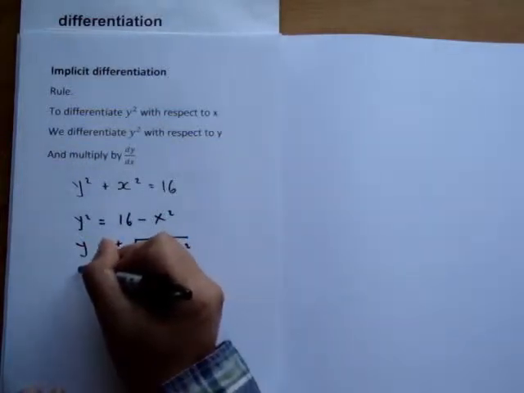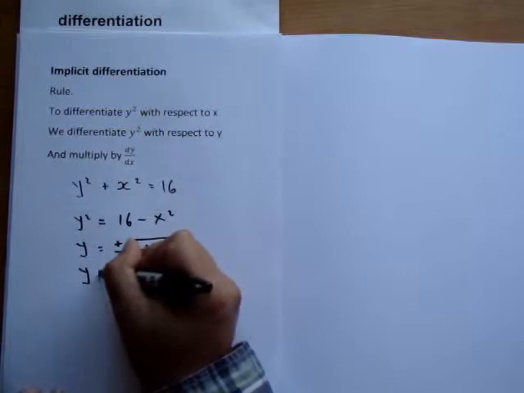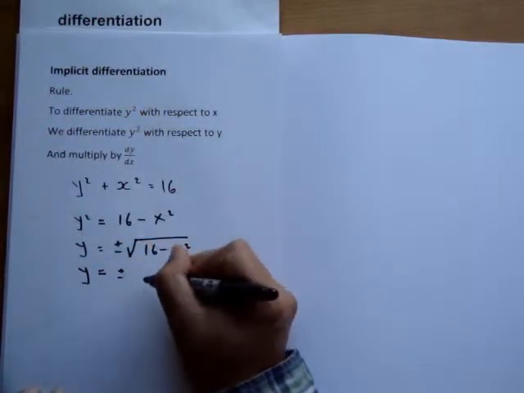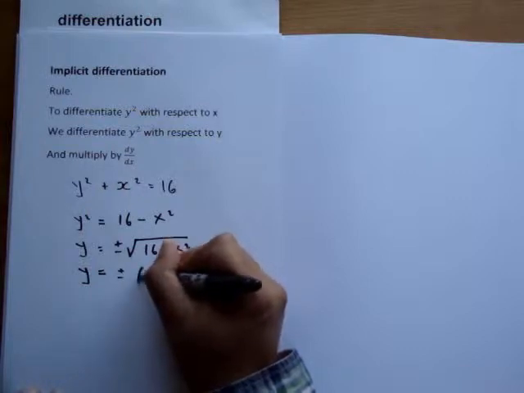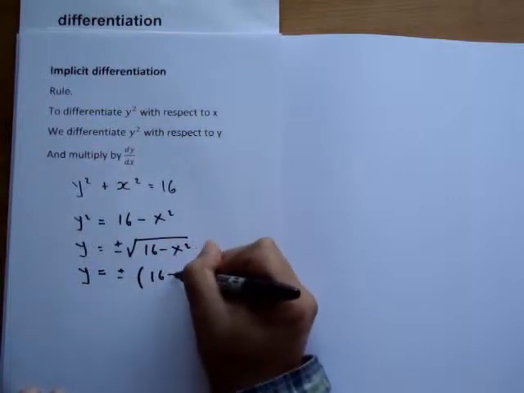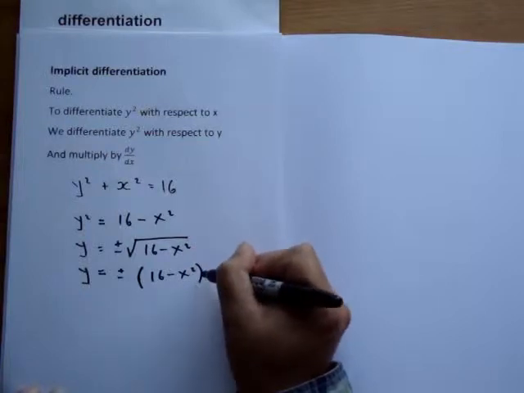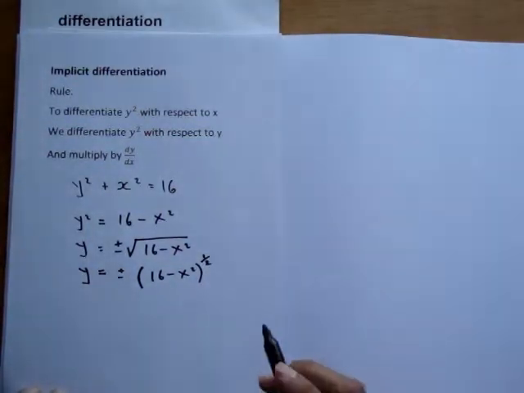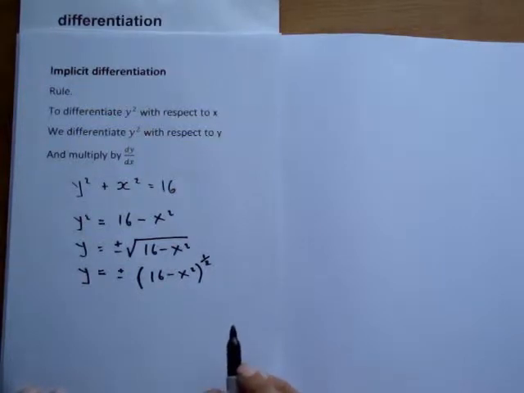If we write this in a form that we can differentiate, we have plus or minus brackets 16 minus x squared, and the square root becomes to the power half. And now we can differentiate this using chain rule.